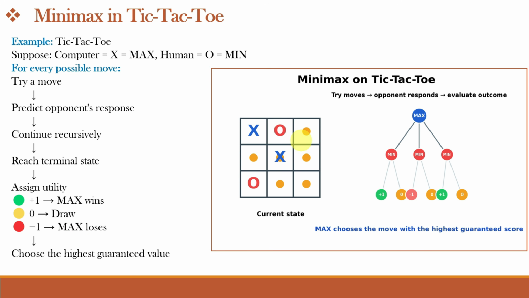For every turn, the AI looks ahead at all possible moves, assuming the opponent will always play their best response. By selecting the move with the highest backtracked value, the Minimax algorithm guarantees that the computer will never lose. In the worst possible scenario, it takes the game to a draw.